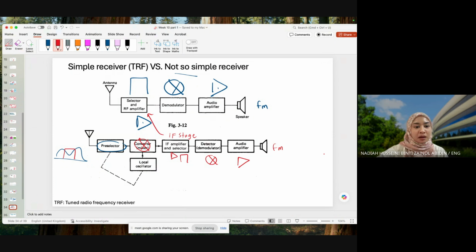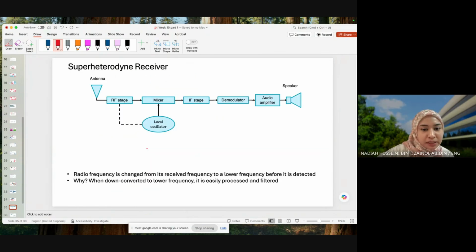Okay. This not so simple receiver is called the superheterodyne. The superheterodyne incorporates a local oscillator to really make sure that we get a good message back. Okay, let's talk a bit on the concept here. So why is the radio frequency changed?